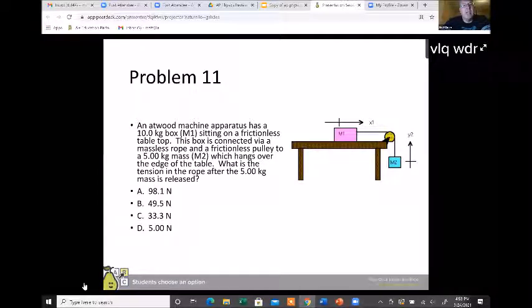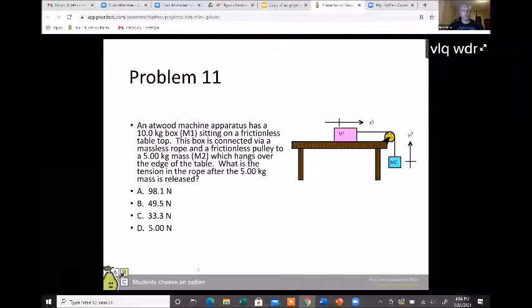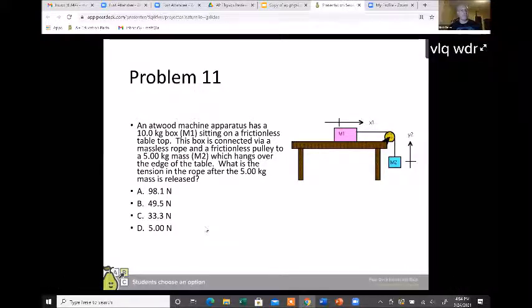Then see if you can calculate the tension. Again, a free body diagram will help you.